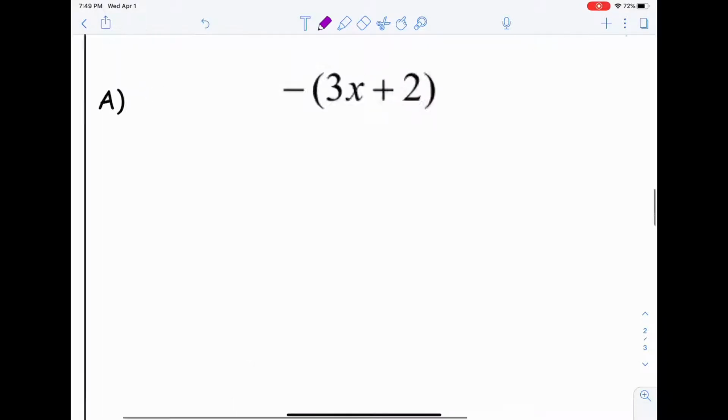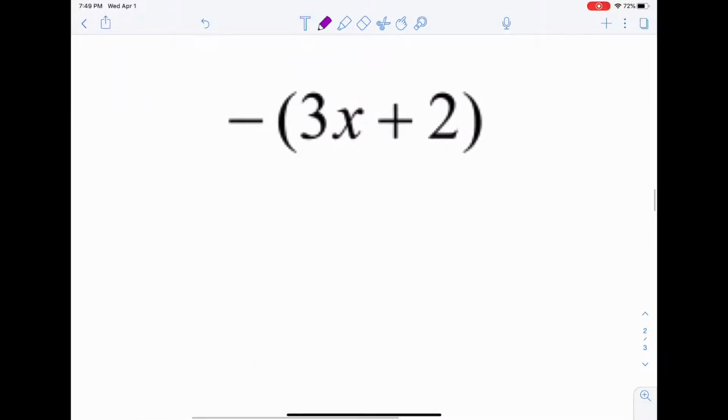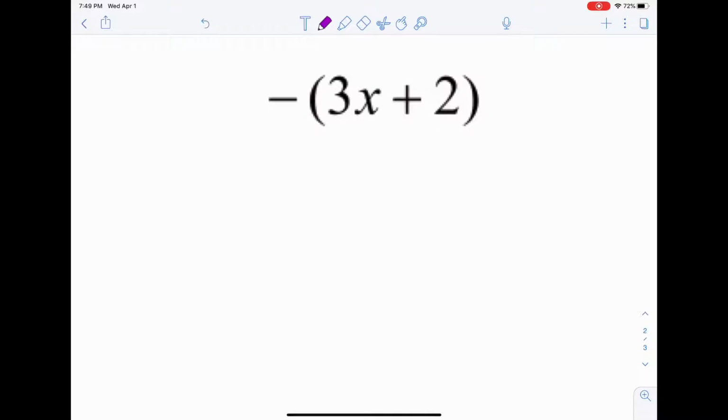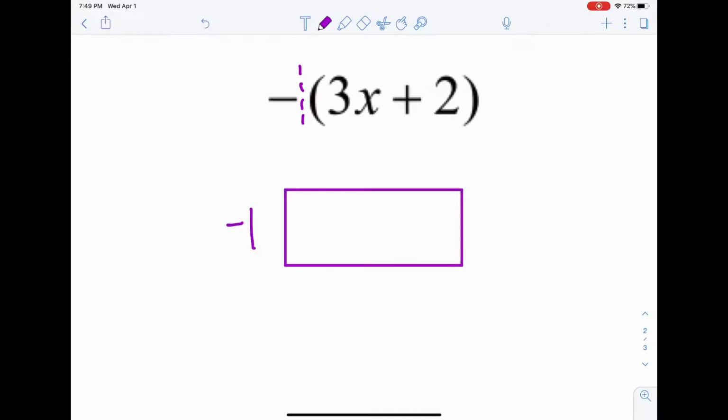But once again, let's try it one more time. So when there's a negative in front of the parentheses, it's like having an invisible -1. So let's go ahead and set up our box. I'm going to have -1 in the front, 3x plus 2. Draw my line.